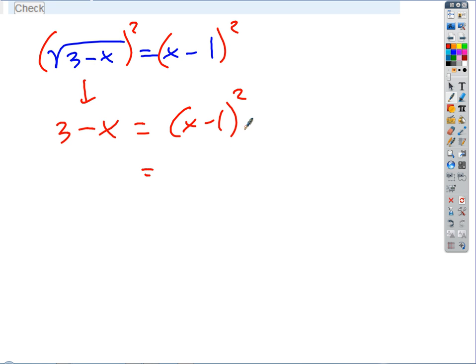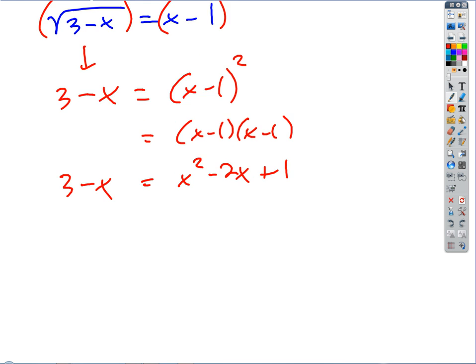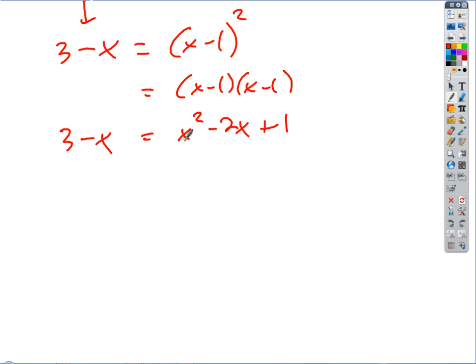If I FOIL x minus 1 times x minus 1, I get x squared minus 2x plus 1. Let's get everything over on this side, because we want a positive number of x squareds. So we'll subtract 3 and add x.